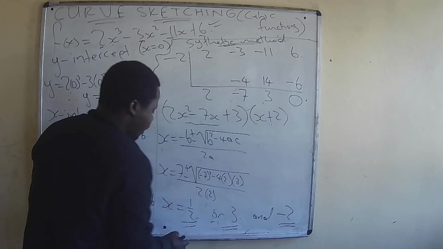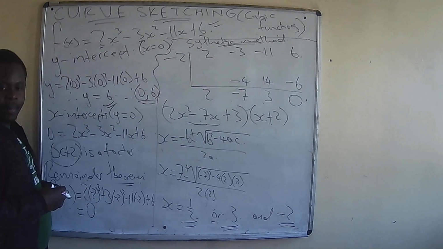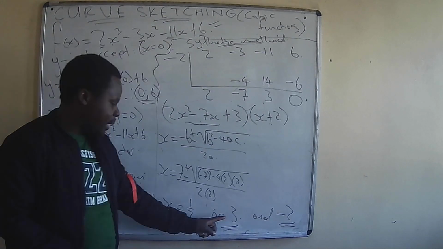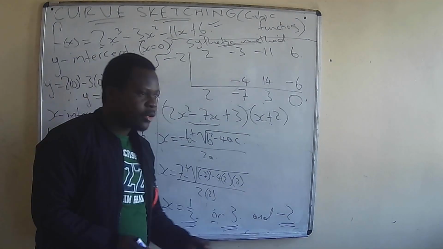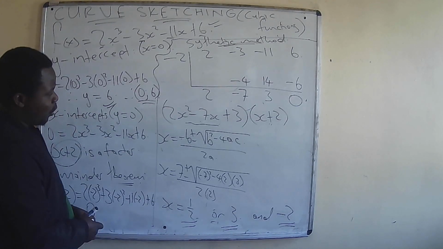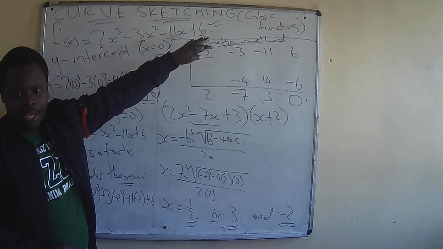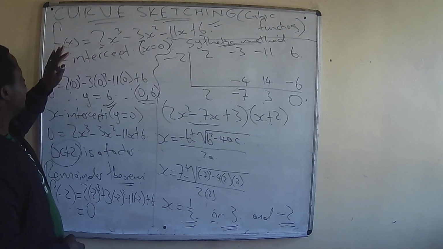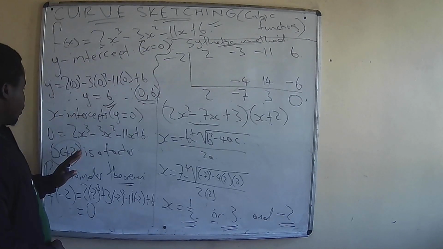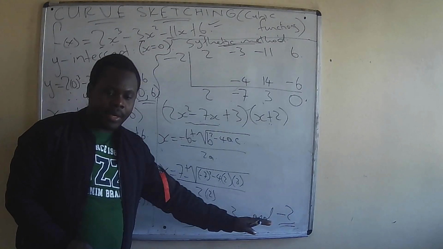So finally we have what we call x-intercepts. So our x-intercepts: x is equal to half, x is equal to 3, and x is equal to negative 2. So what we are going to do now is sketch the curve, because we now have the y-intercept, which is 0, 6, and we also have the x-intercepts: half, 3, and negative 2.